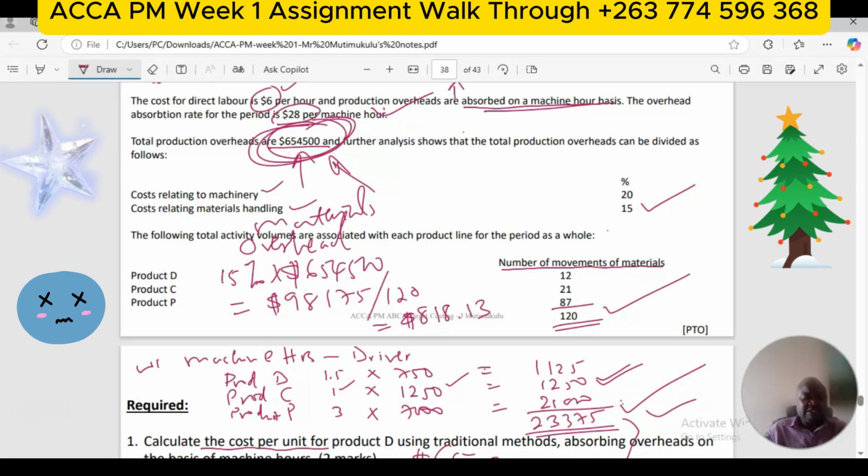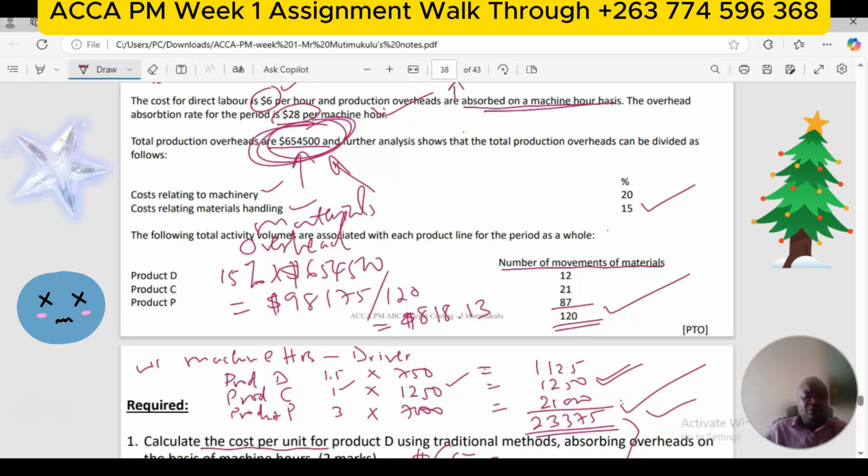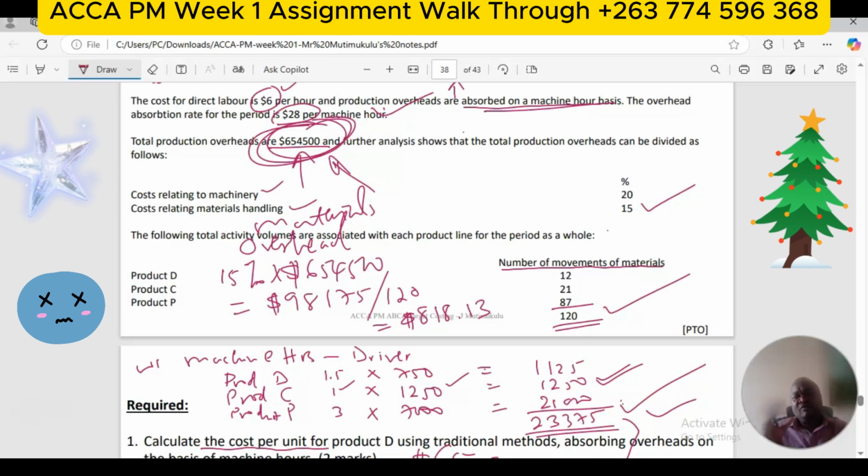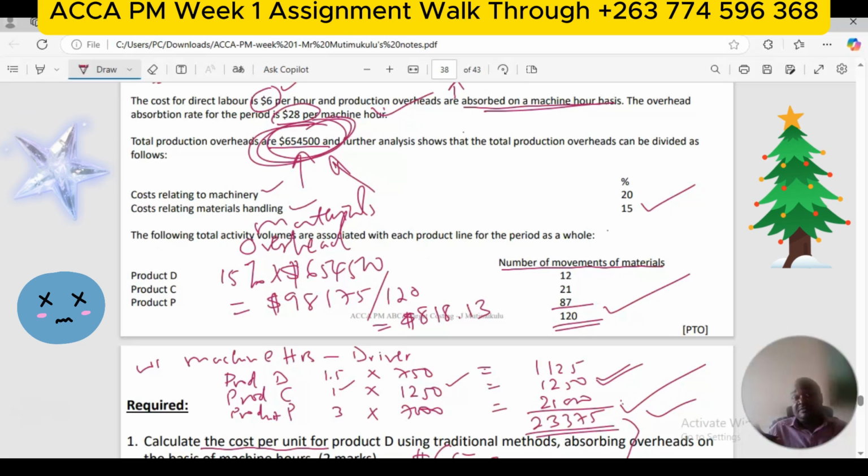Okay, now we have that information. What then shall we do? Because we have been given the information in terms of the number of products produced as well as the number of movements.